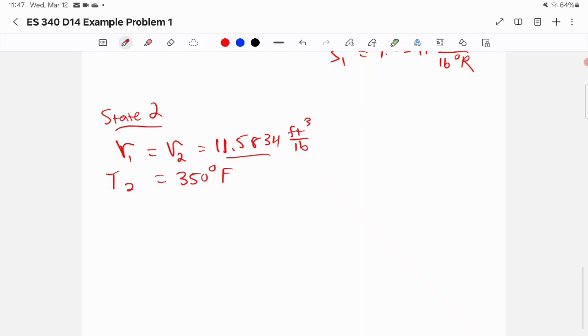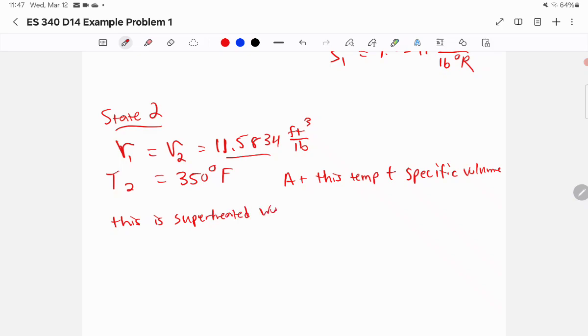What we find is at this temperature and specific volume, this is superheated, right? So the specific volume is larger in this case than the specific volume of vapor at that temperature.